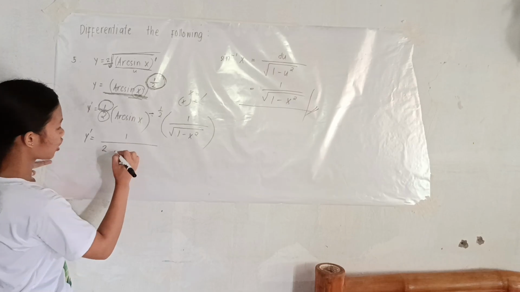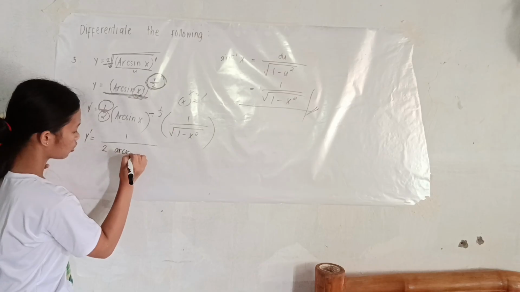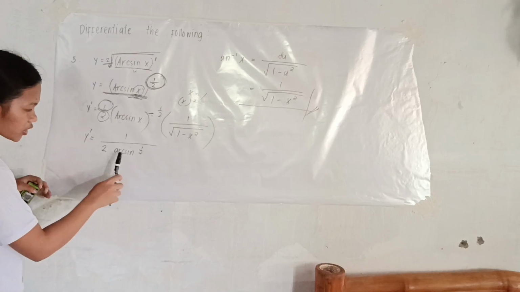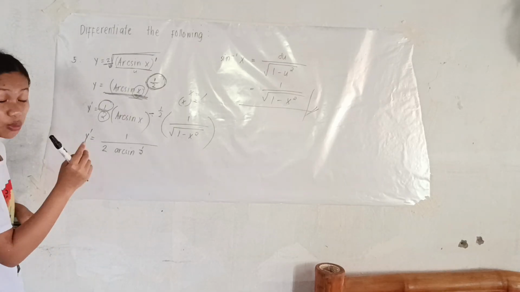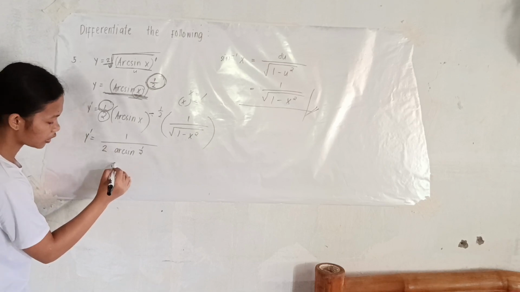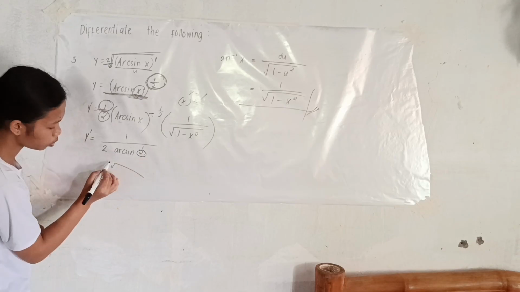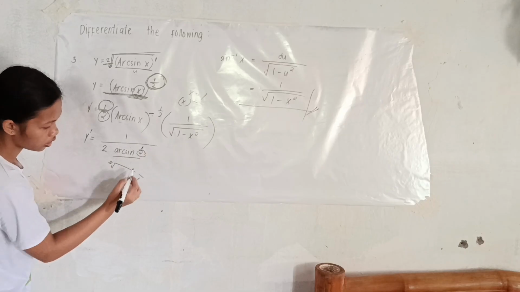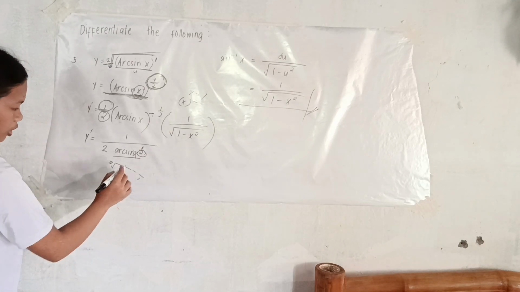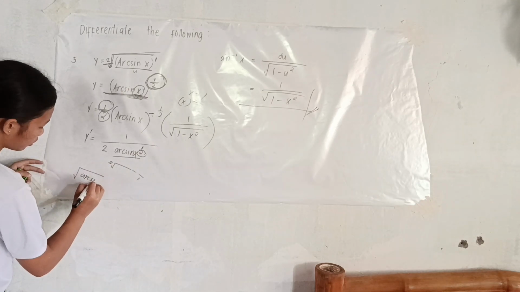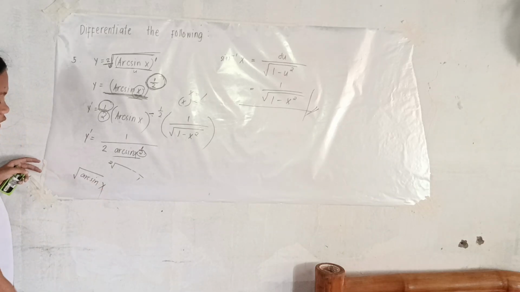So it becomes arcsine raised to 1/2. This arcsine raised to 1/2 can be expressed as a radical. The denominator 2 becomes the index of the radical, then the arcsine function, which is 1, goes inside. So it becomes the square root of arcsine x.